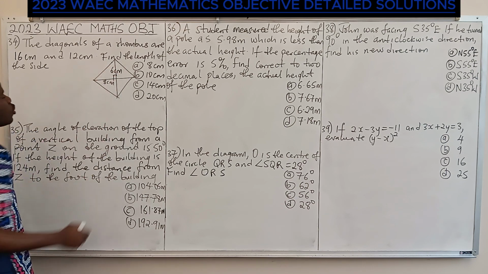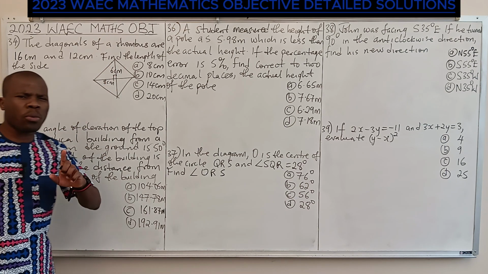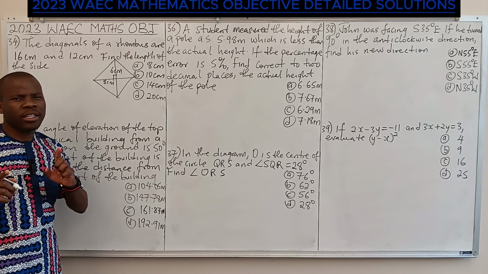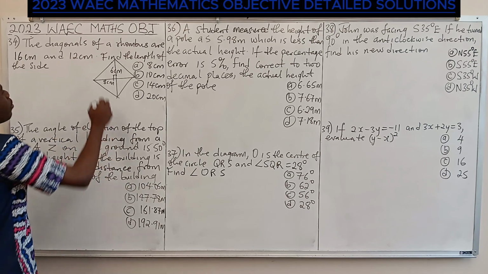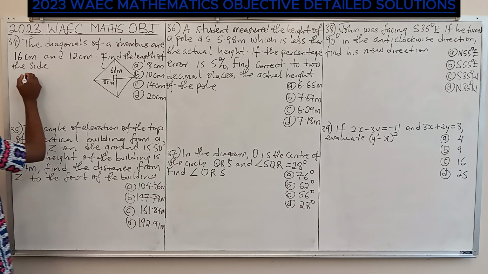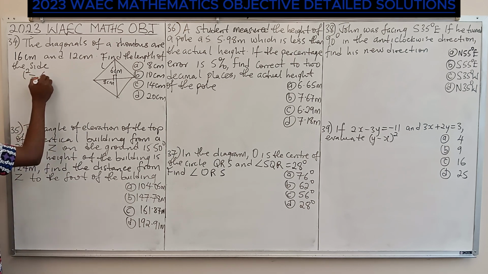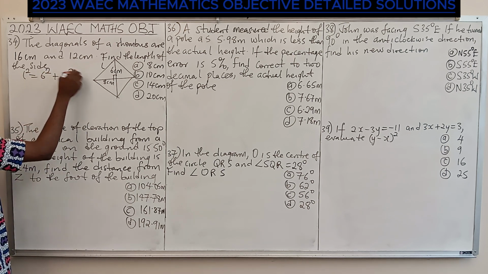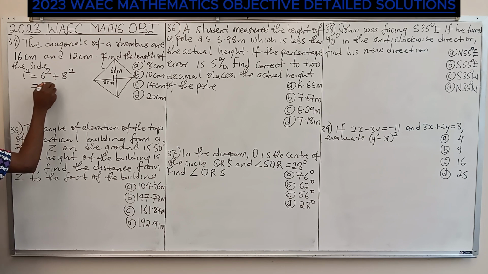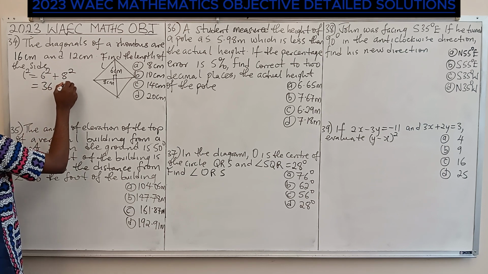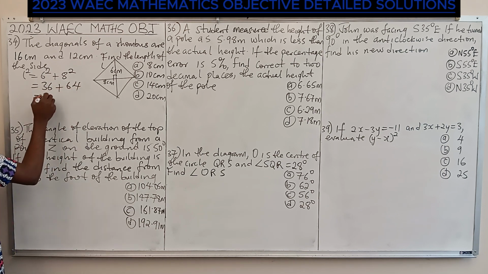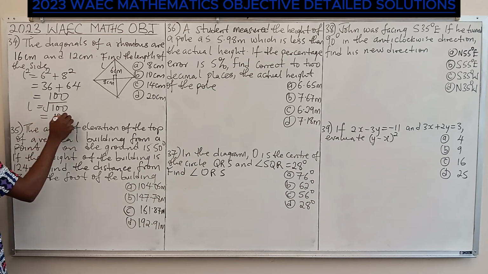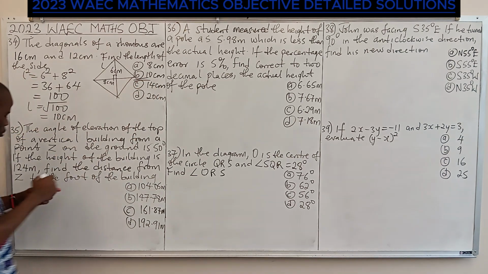This is angle 90, so this is a right angle triangle. What comes to mind first is Pythagoras theorem. By Pythagoras theorem, L squared will be 6 squared plus 8 squared, which is 36 plus 64, which is 100. L will be the square root of 100, which is 10 cm, which is B.